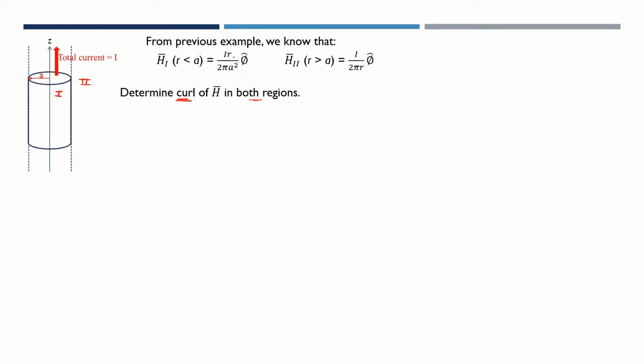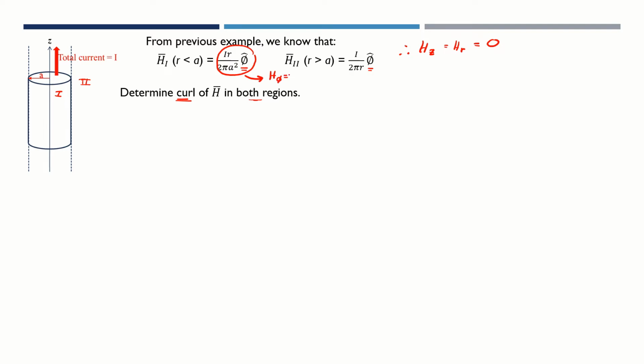From the previous answer, at region 1 and region 2, since the magnetic field intensity only involves the phi direction, we can say that H at z direction equals H at r direction, which equals 0.